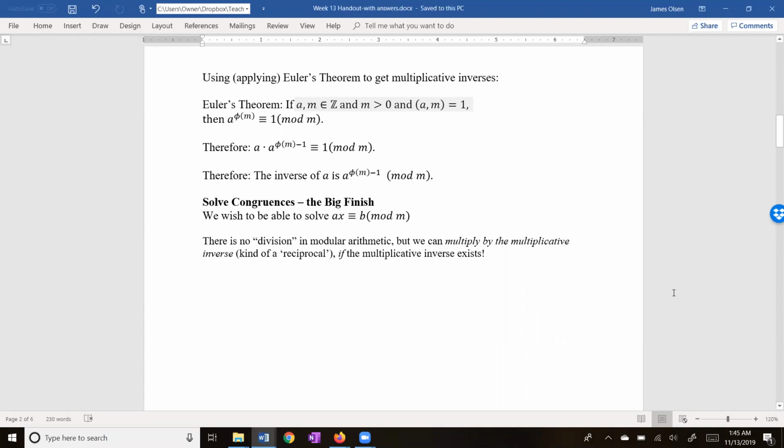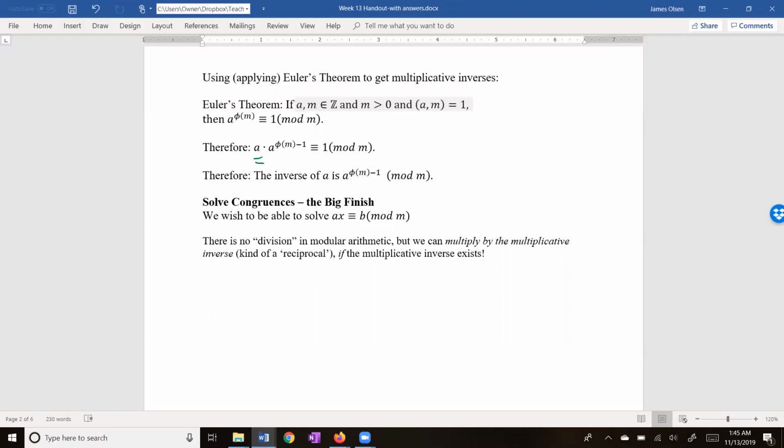Well, if we pull out an a here, I can conclude that a times a to the 1 less power will be congruent to 1 mod m. Therefore, the inverse of a is a to the phi of m minus 1 power.